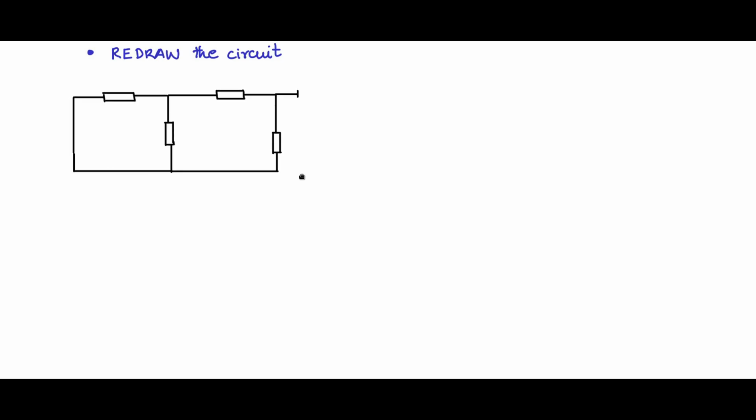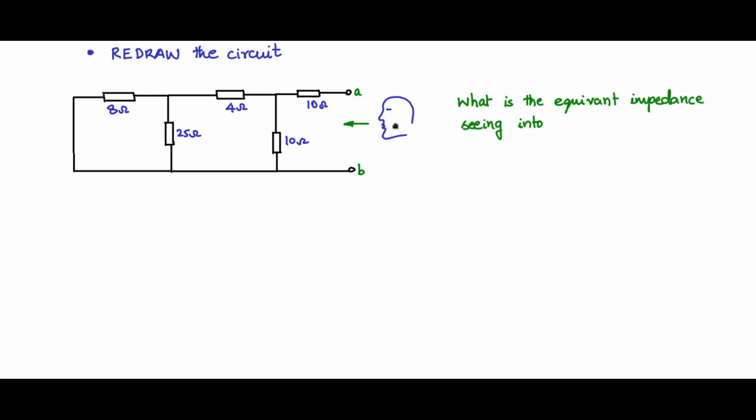So if you redraw the circuit, it will appear like this: 8 ohms, 25 ohms, 4 ohms, 10 ohms and 10 ohms. Now we need to find out what is the equivalent impedance as seen by a person in this direction through the terminals A and B. So it has two parts.